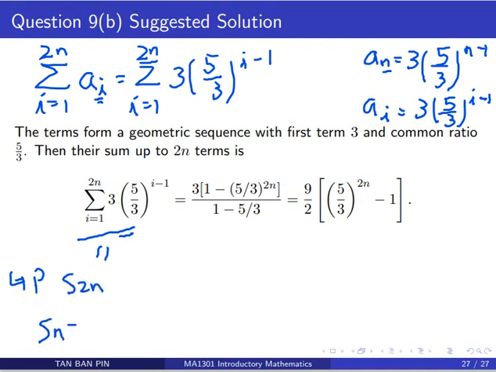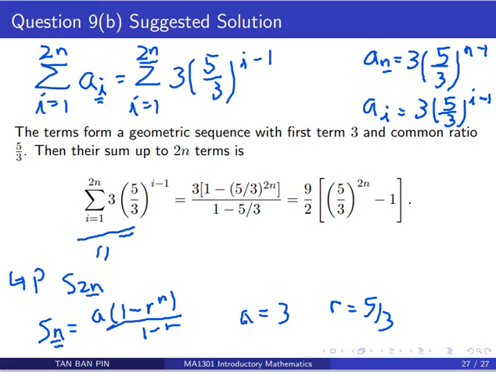Remember the formula for S_n is a times 1 minus r power n over 1 minus r. a is 3, r is 5 over 3. So you sub into the formula for S_n, but instead of n you use 2n, because this is S_2n. After that you just need to simplify this into the final answer.